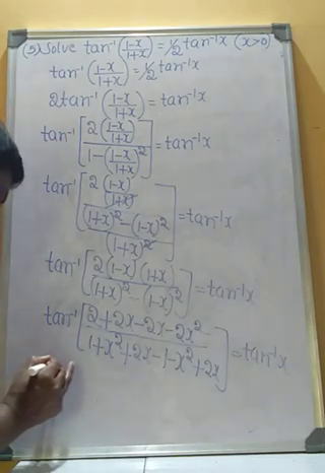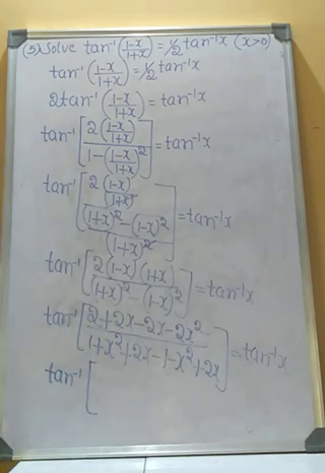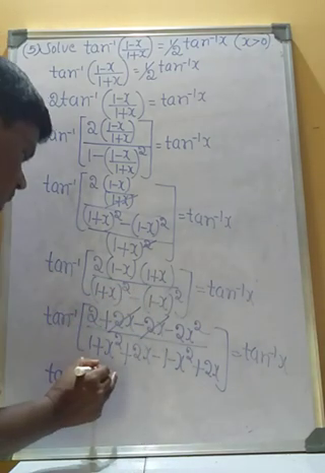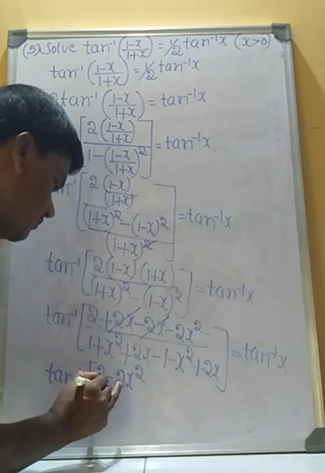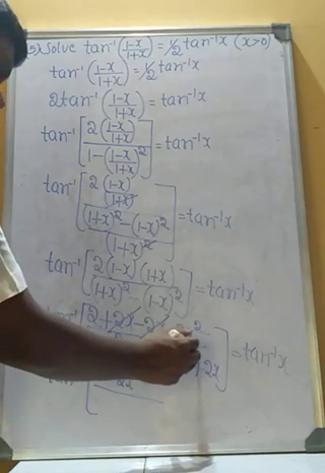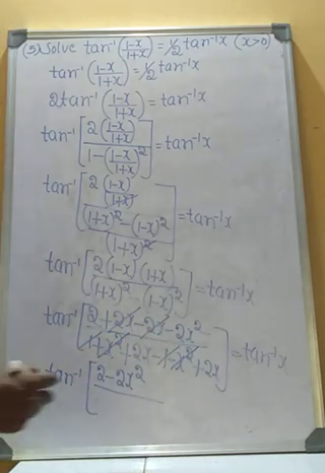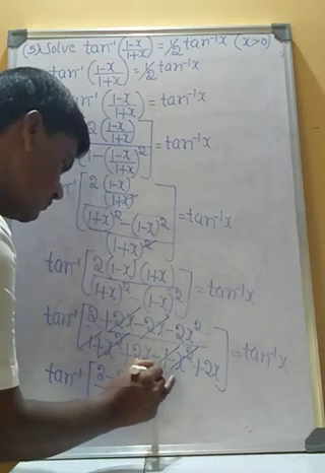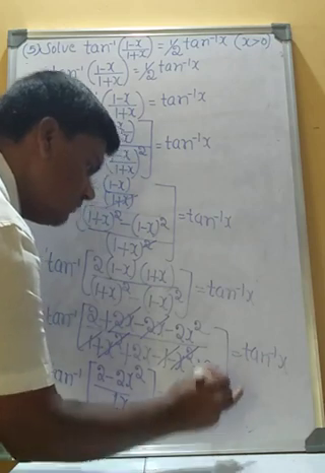Tan inverse of: plus 2x minus 2x cancels, 2 minus 2x square, divided by, minus x square plus 1 minus 1 cancels, 2x plus 2x becomes 4x, equals tan inverse x.